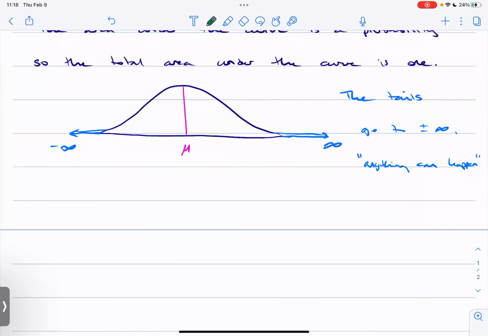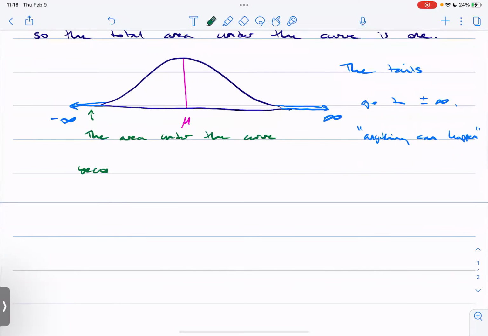But at some point here, the area under the curve becomes very small, and that's in both the tails. So usually we draw it as if it closes, but it never actually closes.